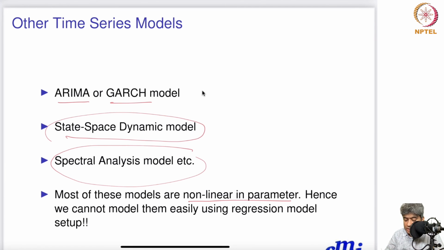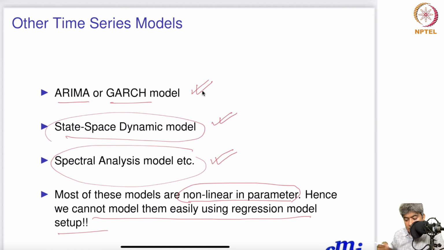But these are very popular time series models, and they are non-linear in parameter. So these models are right now beyond the periphery of this course. I will offer a full course on time series modeling, and of course I will discuss all these models in that course. Hence we cannot model them easily using the regression model setup.